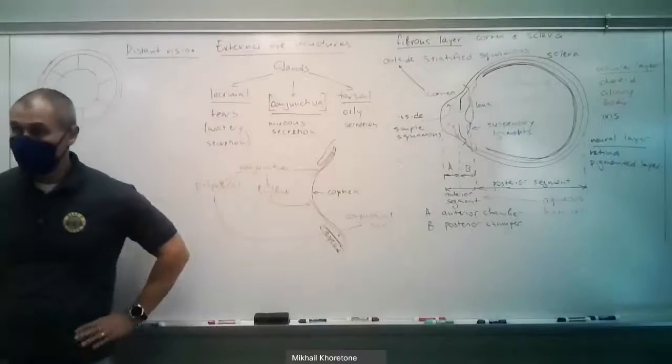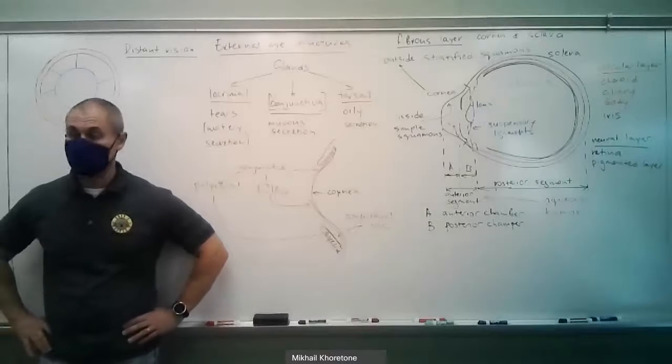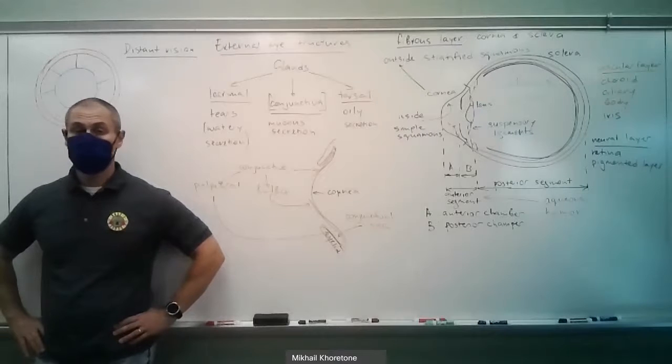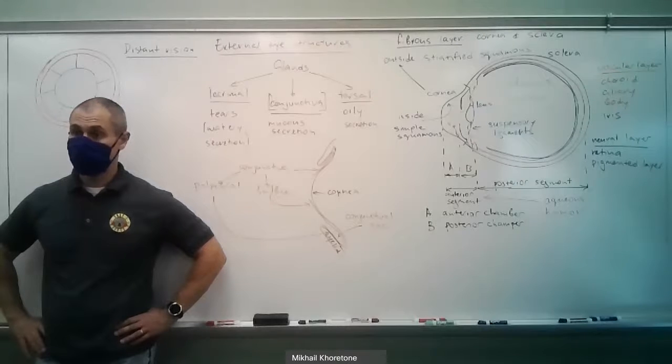Before we move on, I want to ask you one basic question. When a muscle contracts, what happens to its length? Does it become shorter or longer? Anyway, it's a 50-50 question.